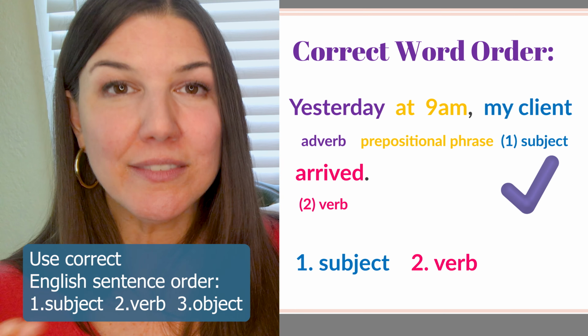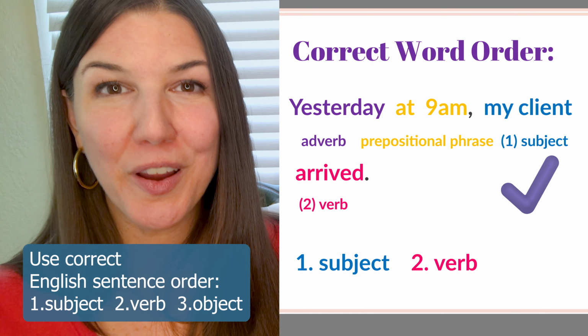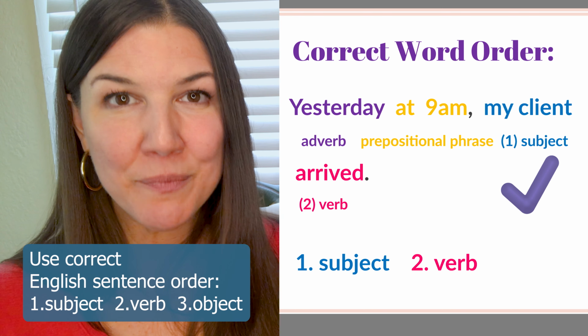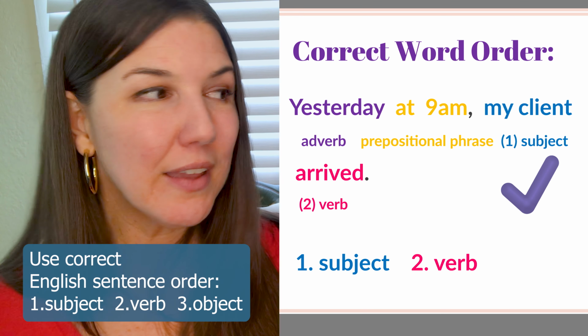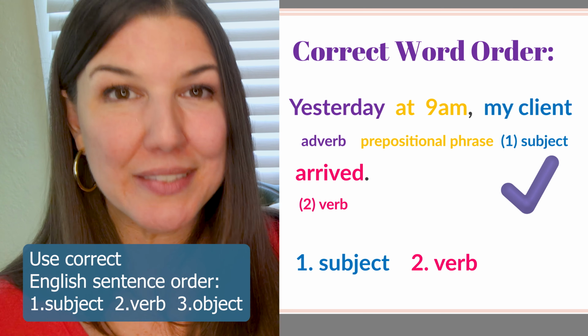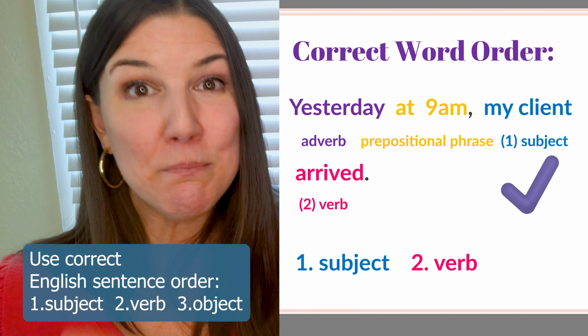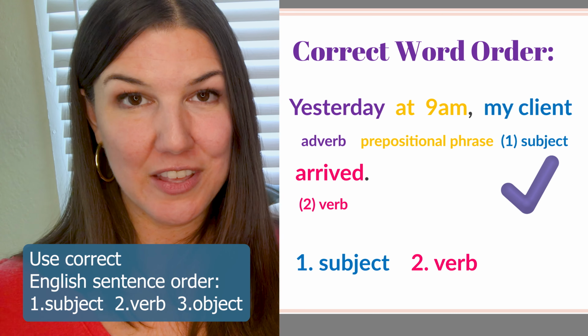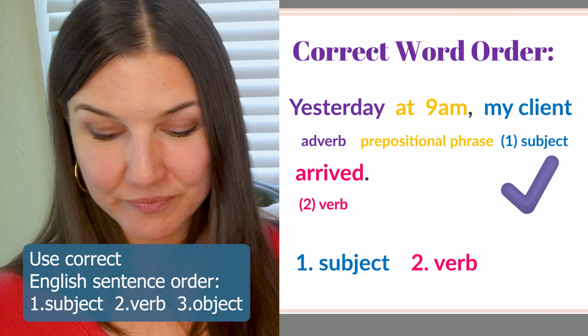So in English, we have strict rules about the order of subject, verb, object, and we change them mandatory. It's mandatory to change them in some situations, and it's mandatory not to change them for other situations.